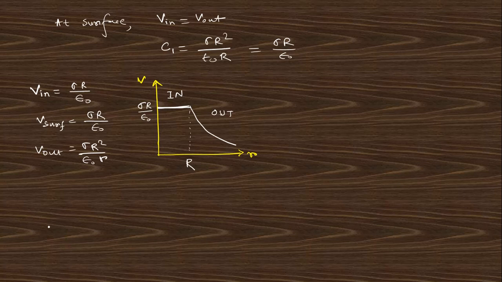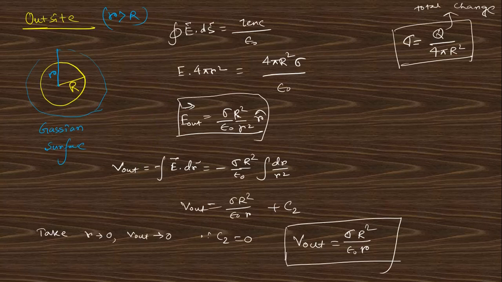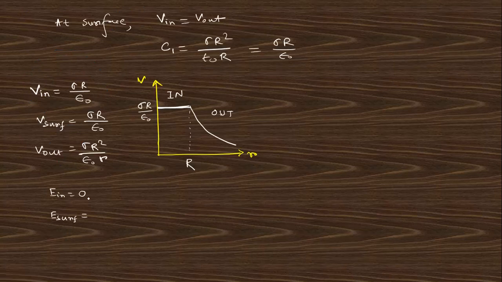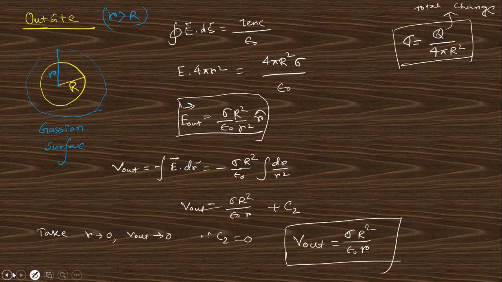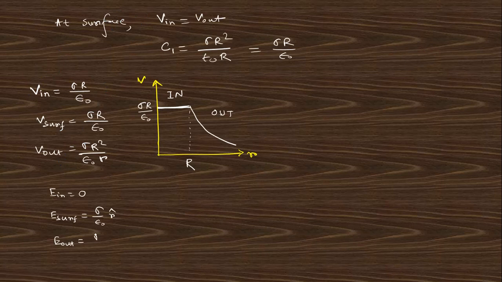The electric field E in was 0, and E at the surface, if you put r equals R in E out, you will get sigma by epsilon naught r cap. And E out is nothing but sigma R square by epsilon naught small r square r cap.